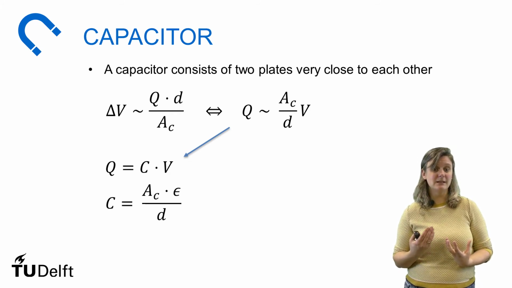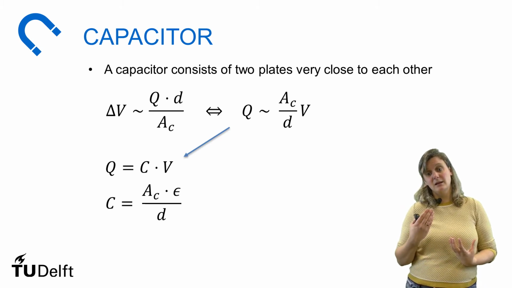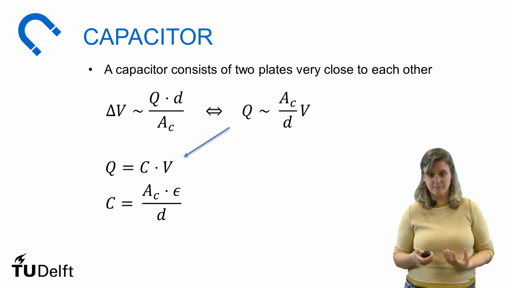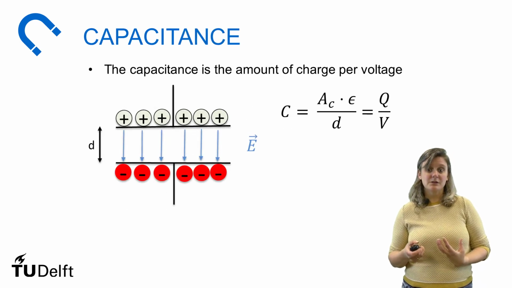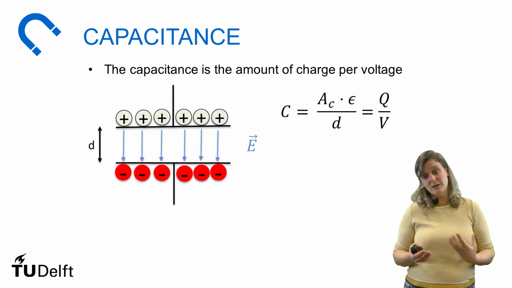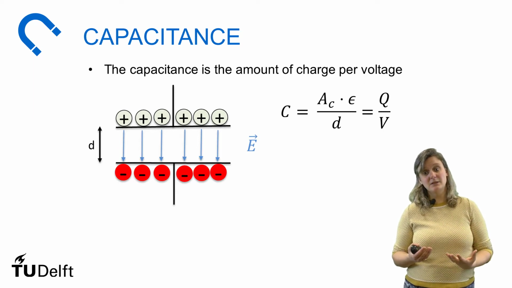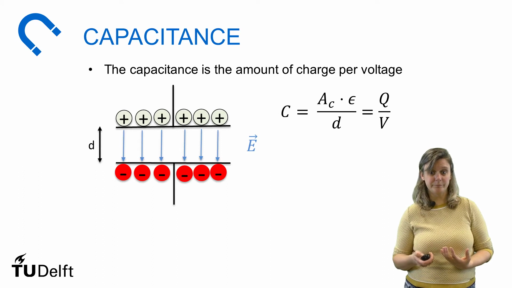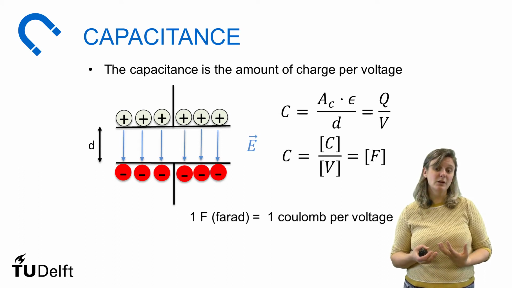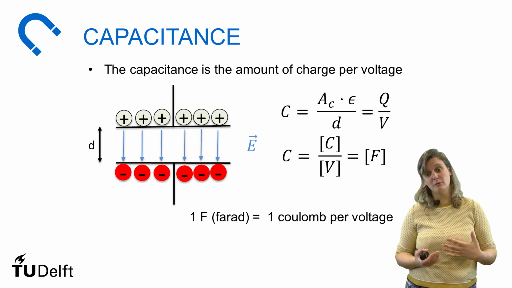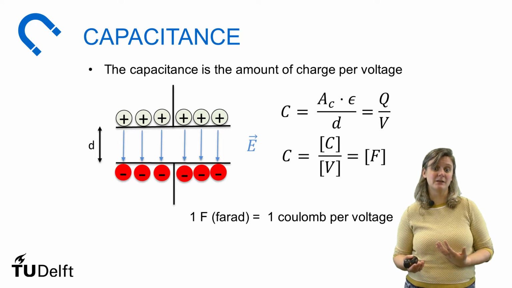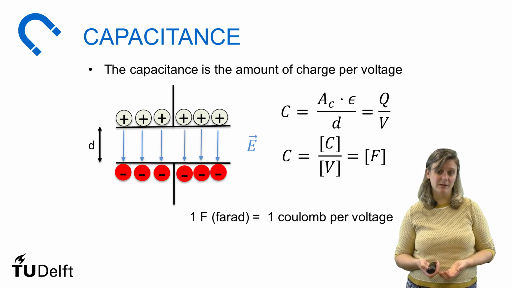This capacitance is given as the area times the dielectric constant over the distance. So if you rewrite that, your capacitance is your charge per voltage. And the unit is given by coulomb, the unit of charge, over volt, the unit of voltage, and it's given as farad. So it's one farad equals one coulomb per volt.